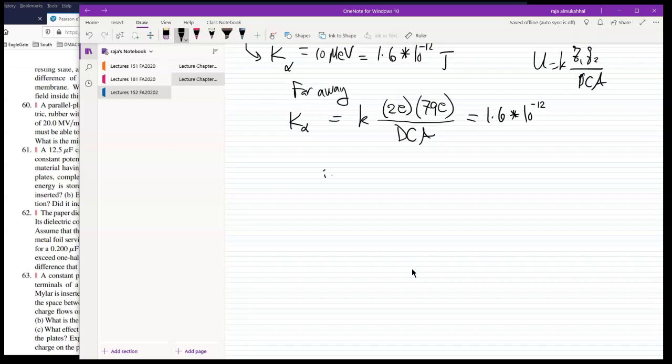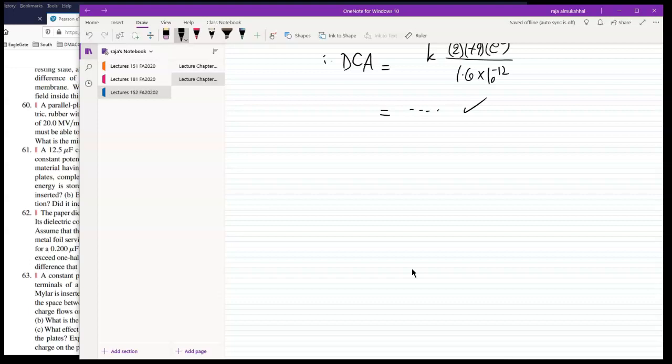So therefore, DCA is equal to K times 2 times 79 times E squared, divided by 1.6 times 10 to the negative 12. And then you do the calculation, you'll get the answer. This is basically what he's asking for. You got it? Okay. Now we come to problem number 69.